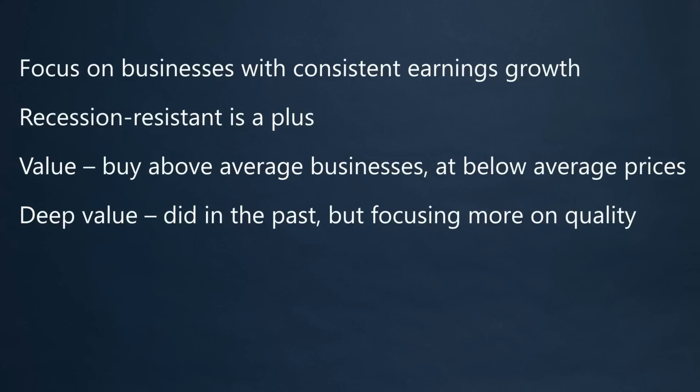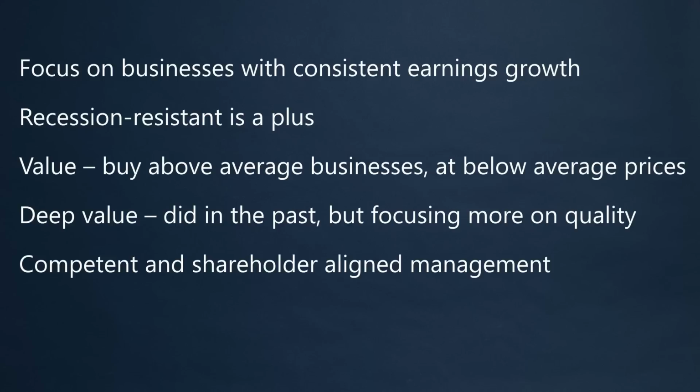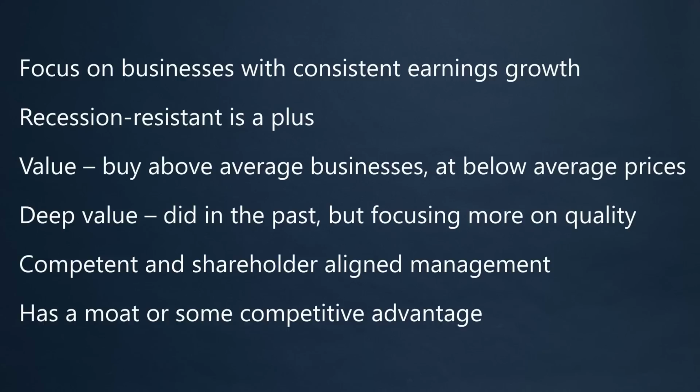Deep value and turnaround stocks are things I've invested in the past, but given the stage we are in the market cycle, I've shifted my focus to higher quality companies with a bit more earnings stability. The business needs competent and also shareholder aligned management, as well as having a moat or a competitive advantage of some kind. So hopefully that gives you an example of a rough stock selection framework.